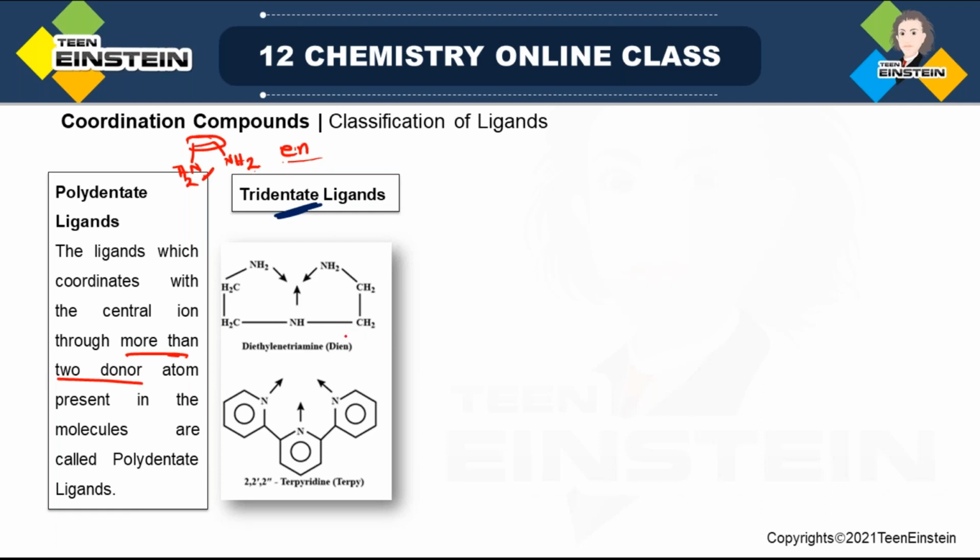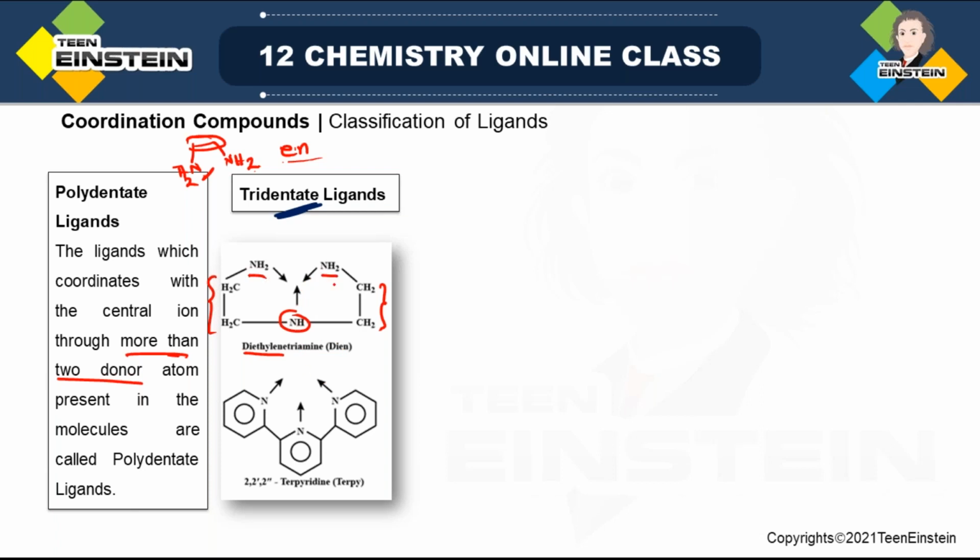Now in the tridentate example, this ethylene part comes twice: CH2, CH2, CH2, CH2. That is why it is diethylene, and these two CH2, CH2 fragments are joined by NH, and in the terminal positions there are two NH2.